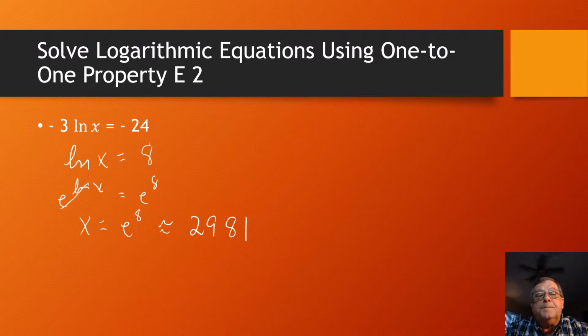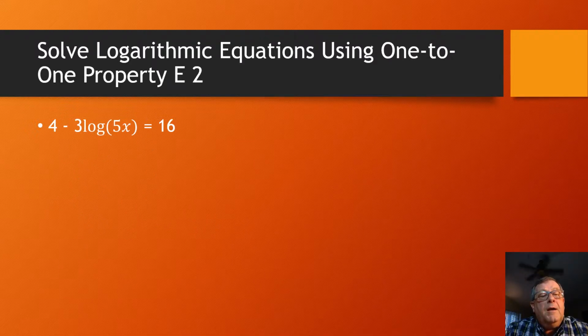Let's look at one more. Here we've got 4 minus 3 log of 5x equals 16. I've got that positive 4 out there, so let's subtract 4 from both sides as we begin.